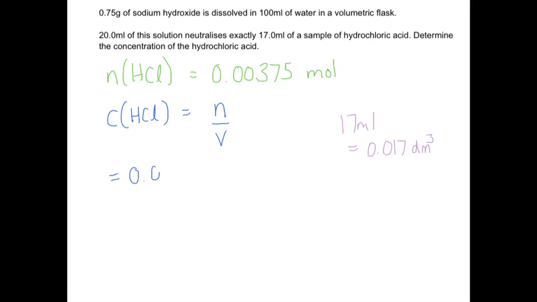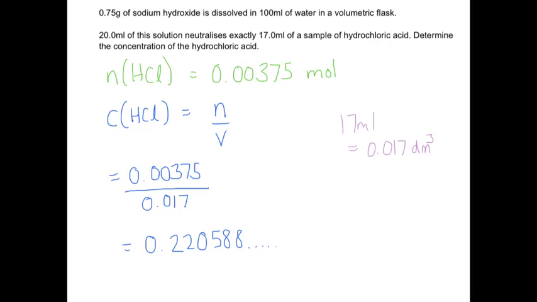So concentration equals 0.00375 divided by 0.017. That comes out as a big long number on our calculator.